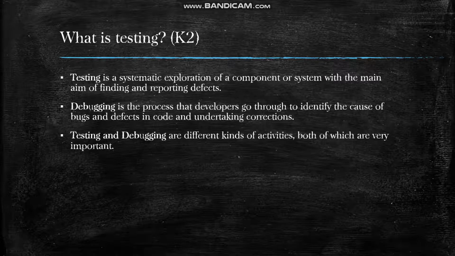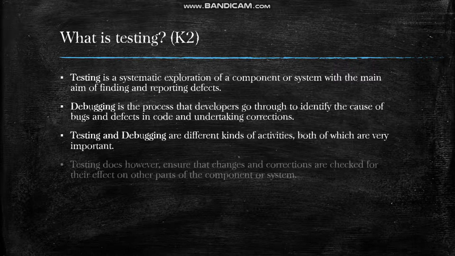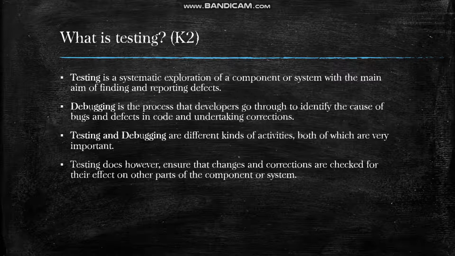They do different kinds of activities, but both of them are very important. Testing, however, still ensures that the changes and corrections are checked for their effect on other parts of the component or system. So don't forget that debugging is a process for developers, not for testers, okay?